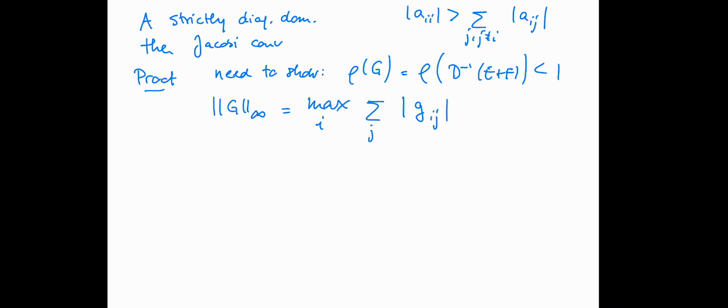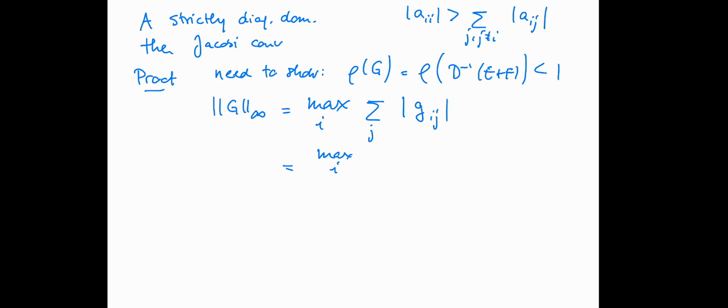Now, if you look at the expression I have for G here, then it is clear that this is the maximum over i. And then D inverse, so the G matrix is D inverse times E plus F.